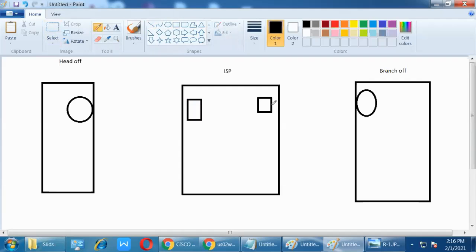Here I'm using one cable from here to here. This is called a serial DTE or DCE cable.